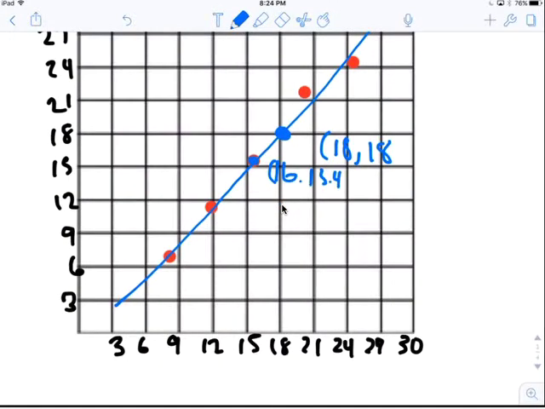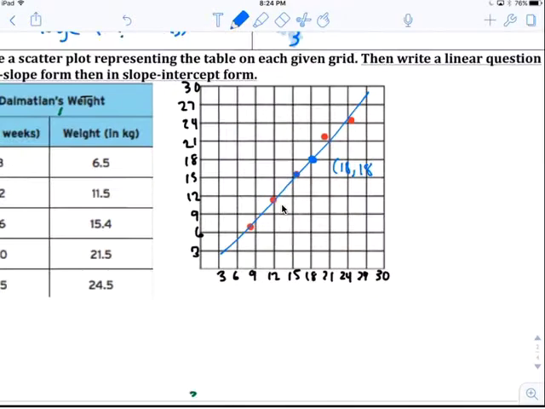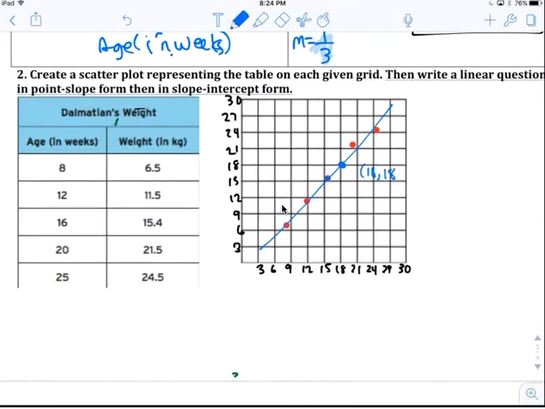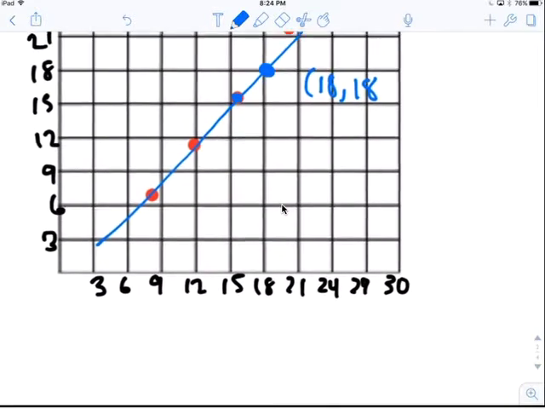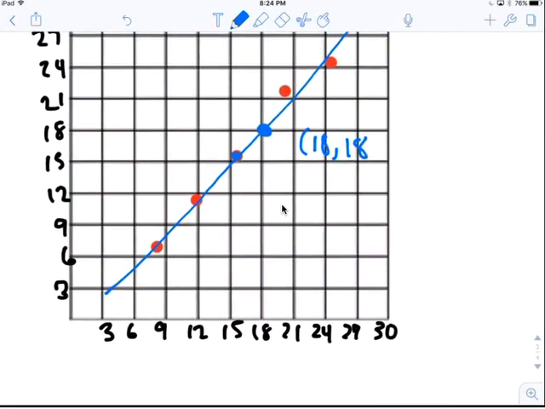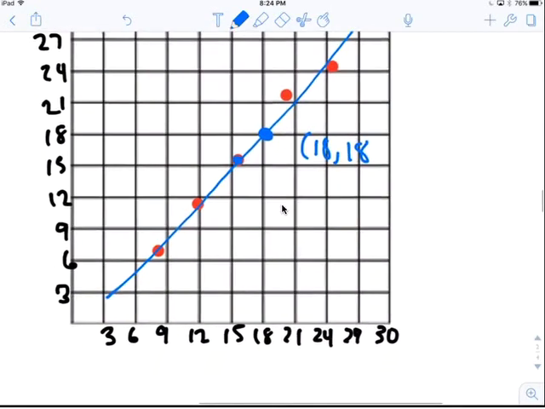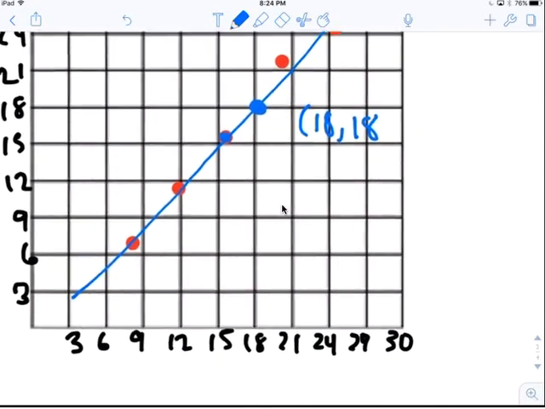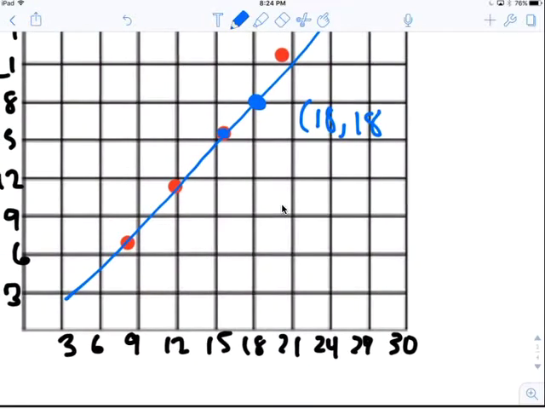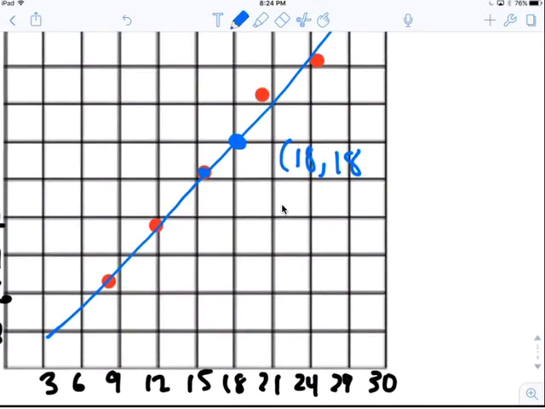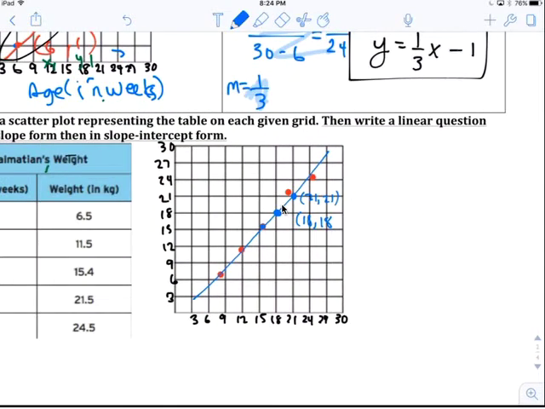I wouldn't choose that. 15.4 is too hard to work with. All these are decimal, so I wouldn't choose the decimal one. It makes it too difficult. But you can choose any other number. Let's go back to this one, 21 and 21. And then you find the rate of change.